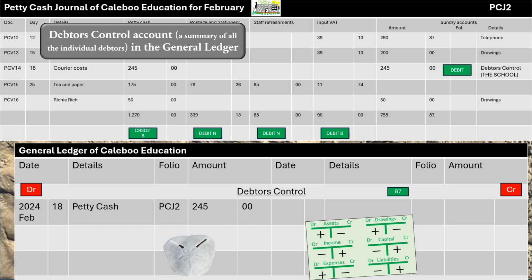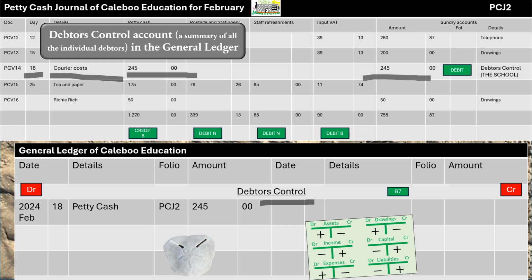The first transaction that needs to be recorded in the control account is, if you remember, on the 18th, Caleboo Education paid for the transport costs of items that were delivered to the school.